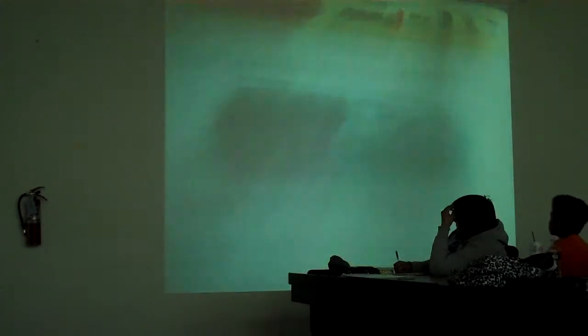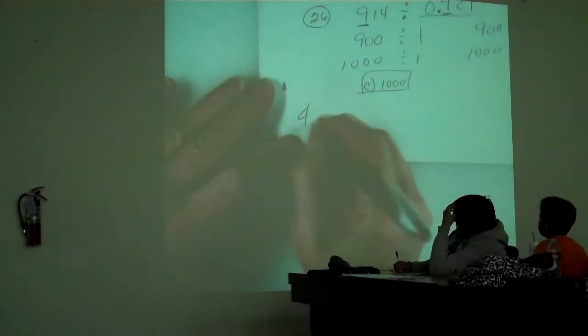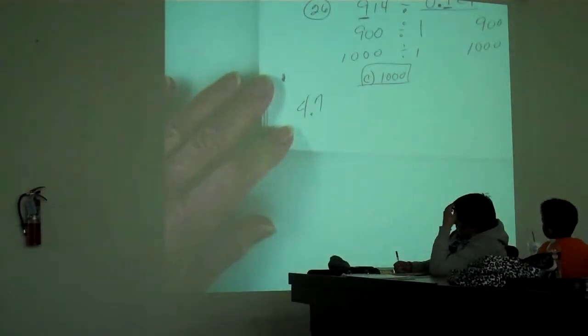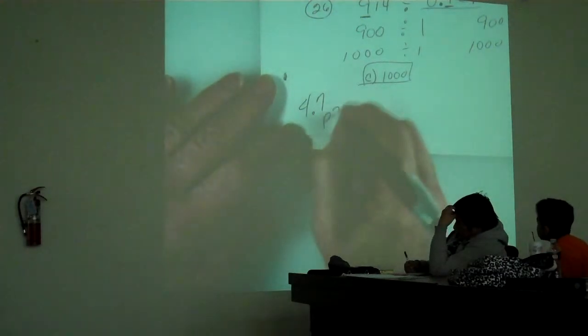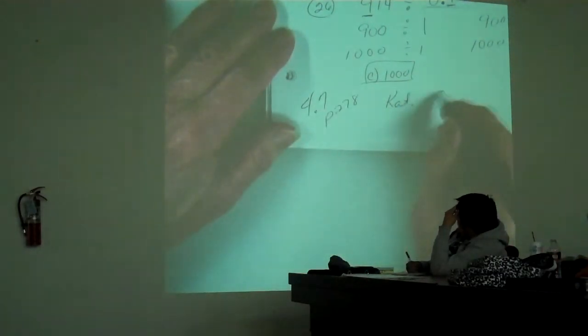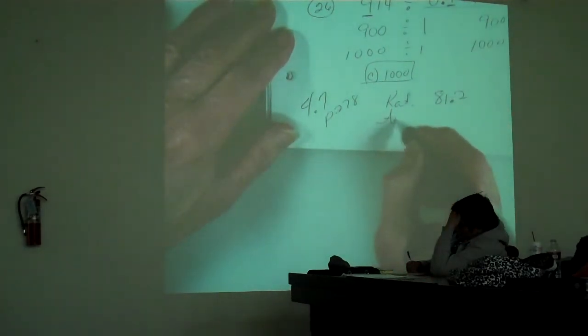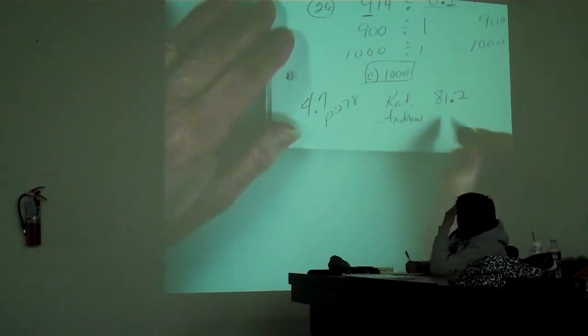That's not even an estimation. You can just take those numbers. This is 4.7 already. Page 278. Okay, Katrina cost $81.2 billion, and Hurricane Andrew cost $38.1 billion.